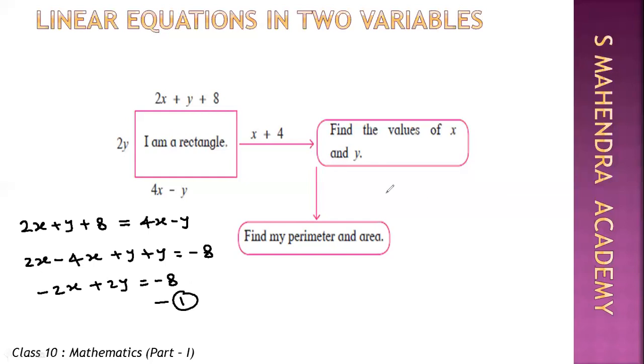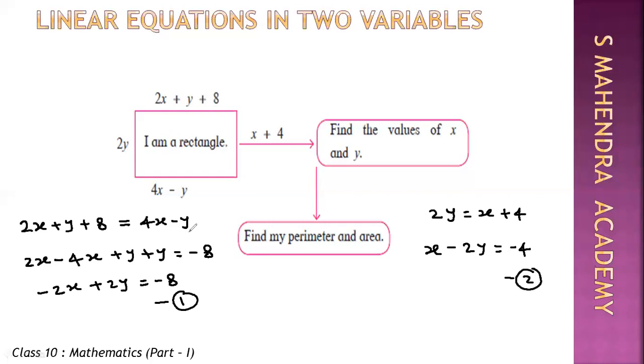And the second condition, that is the smaller side, 2y is equal to x plus 4. After simplification, we will get x minus 2y is equal to minus 4. This will be equation number 2.